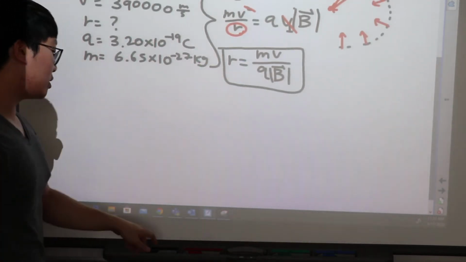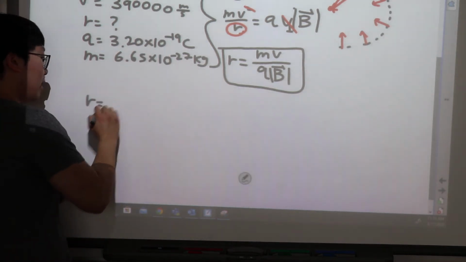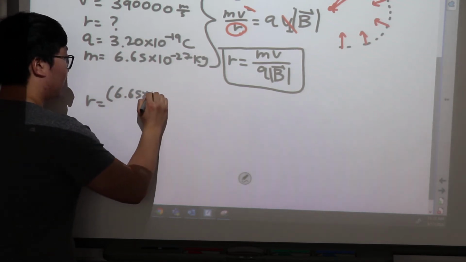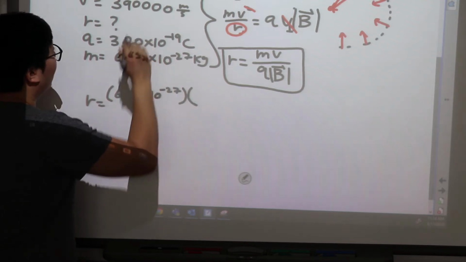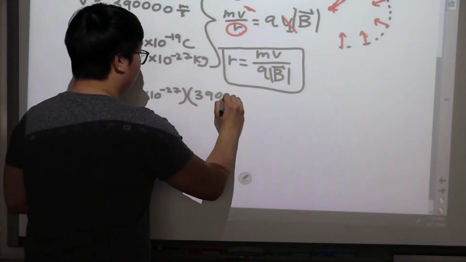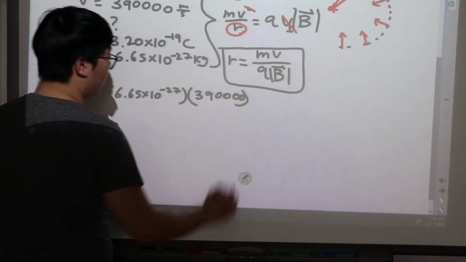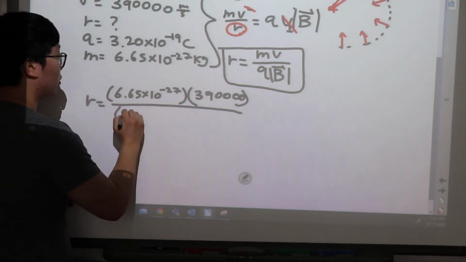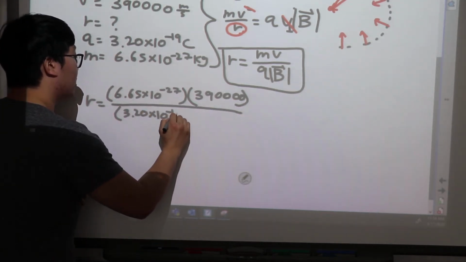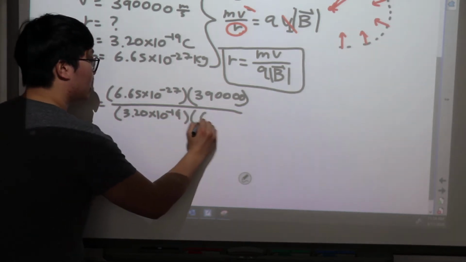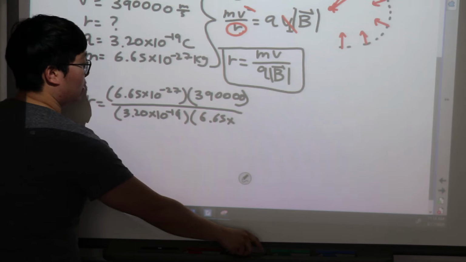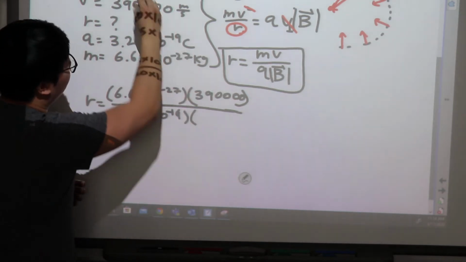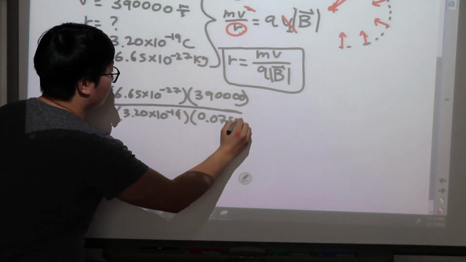Now we can basically punch every single number in. My value that I need to find, r, has mass on the top, 6.65 times 10 to the power of negative 27 kilograms, velocity or speed in this case 390,000, and over q, 3.20 times 10 to the power of negative 19, and B, the magnetic field, which is over here, 0.0750 Tesla.